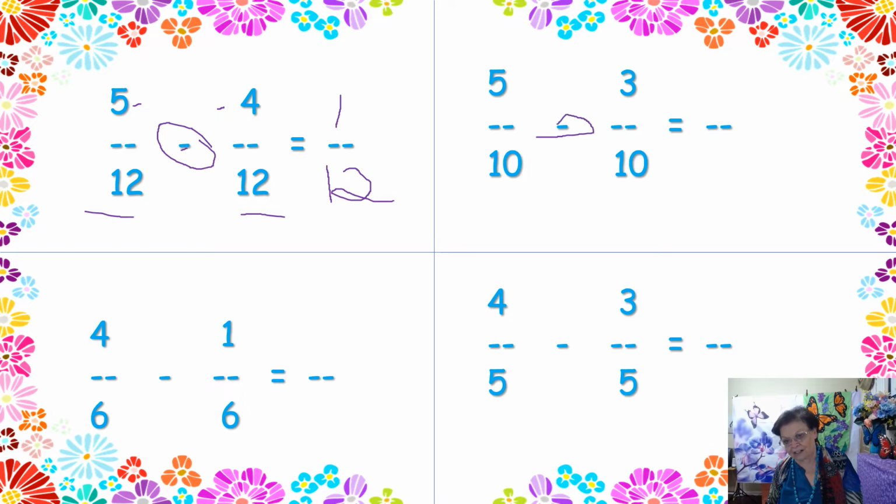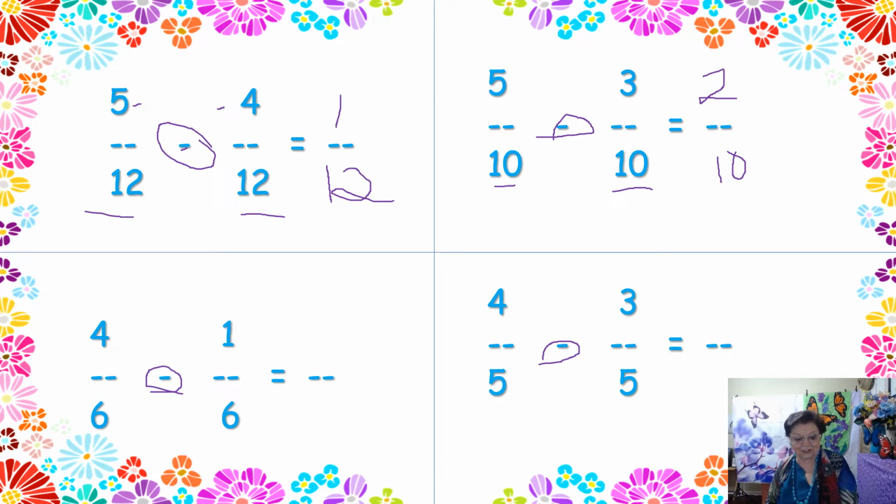These are all subtraction. And so you're going to do the same thing with all of them. Keep the same denominator. If the denominators are both alike, keep the same denominator and subtract the numerators. 5 take away 3 is, that's right, 2.